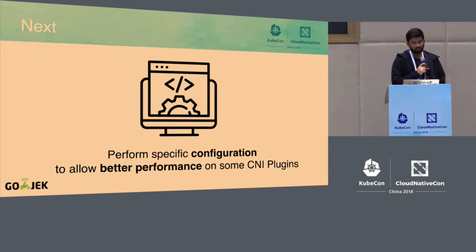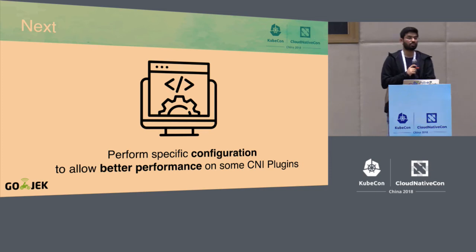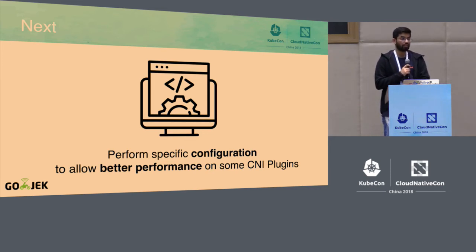For example, we can configure some CNI plugins to work much better on bare metal workloads than we can on cloud providers. For example, with Calico, you can disable IP-in-IP mode to just use BGP, which we think will offer much better performance.